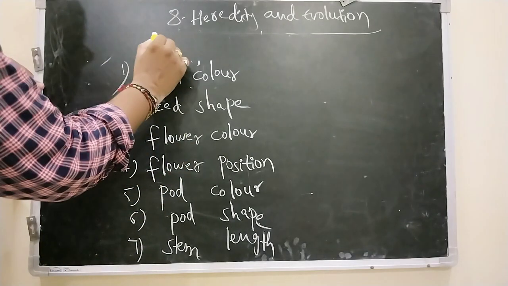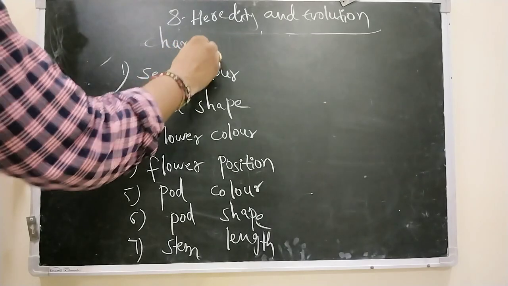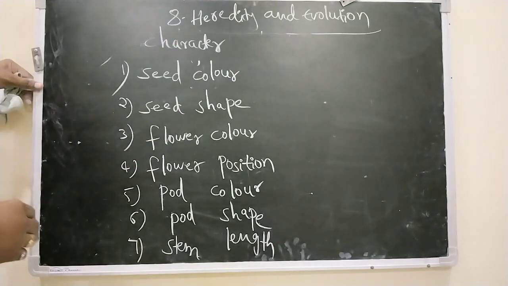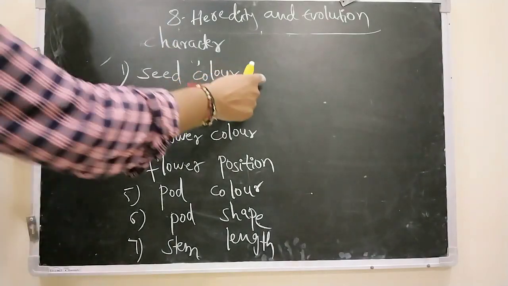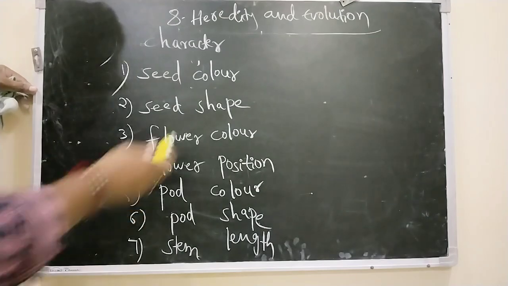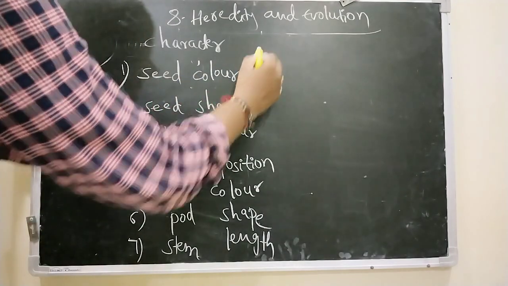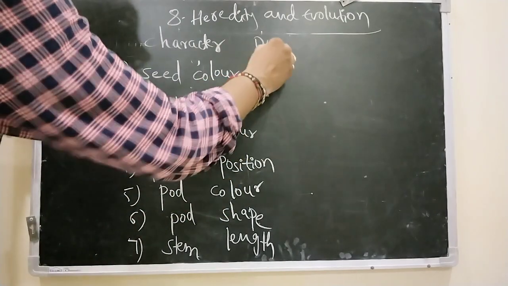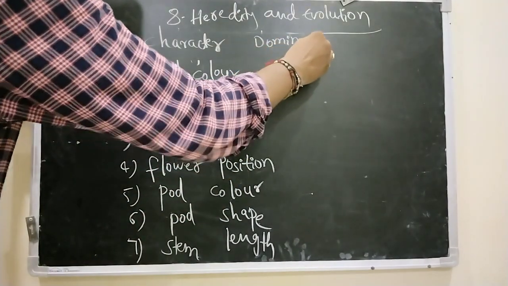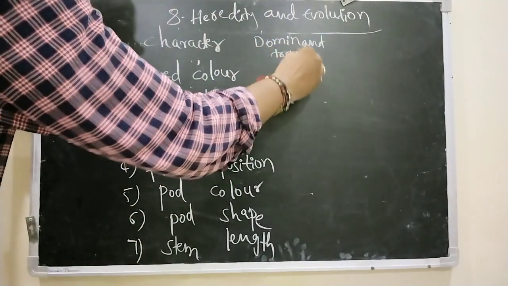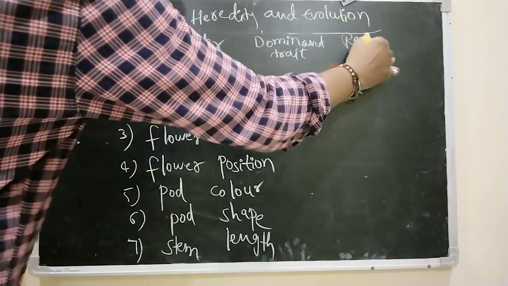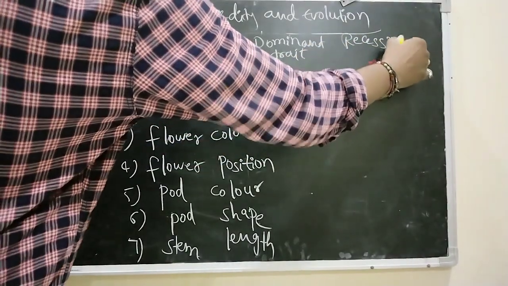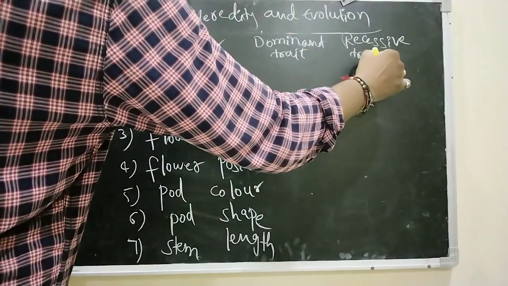So this is the character he took, and he said that two traits are there. Traits means, the one which is expressing more times he called the dominant trait. The one which is expressing in less times is called the recessive trait.